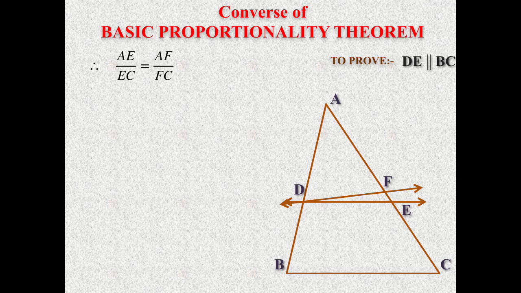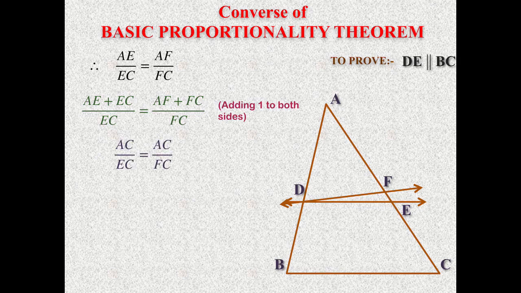Now if we add 1 to both sides of this equation and take LCM, we get AE plus EC upon EC equals AF plus FC upon FC. Now from the diagram, AE plus EC is the line segment AC, and similarly AF plus FC is also the same line segment AC.